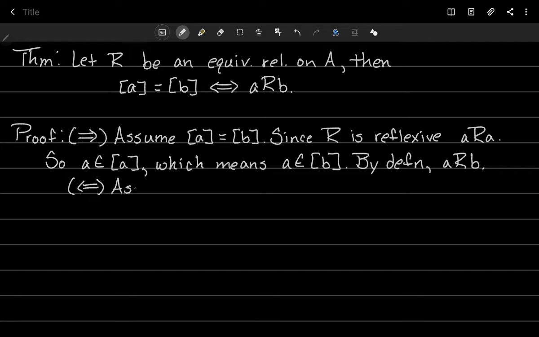Now we are going to assume A is related to B. Okay, and I want to show that they have the same equivalence classes. So we're going to do this by showing set containment two ways. Okay.